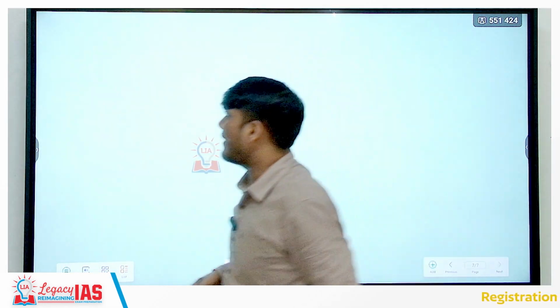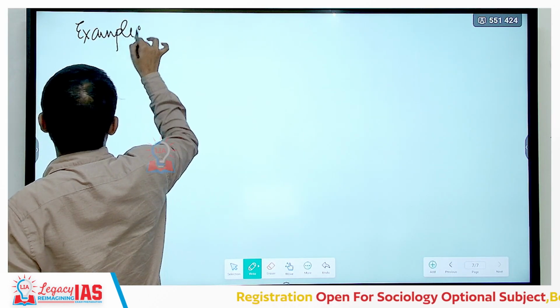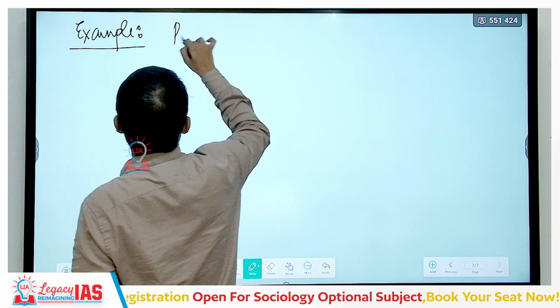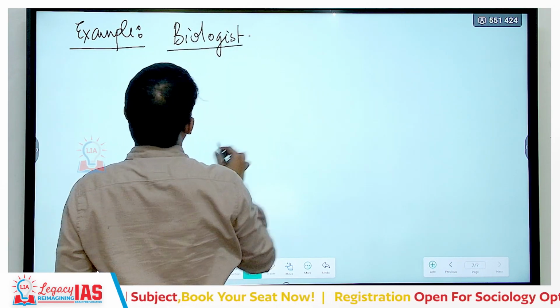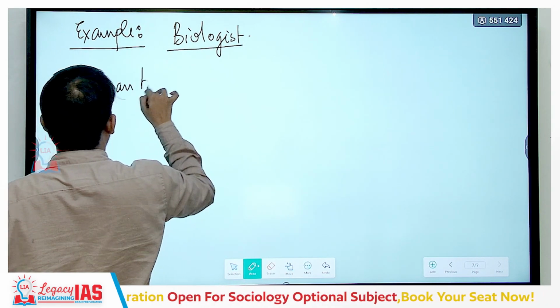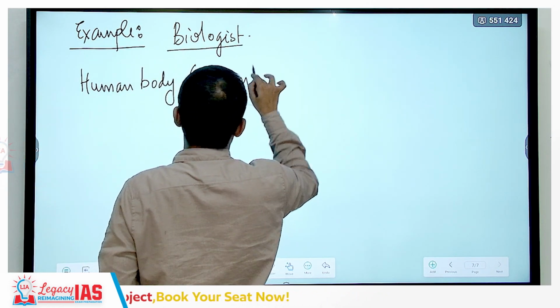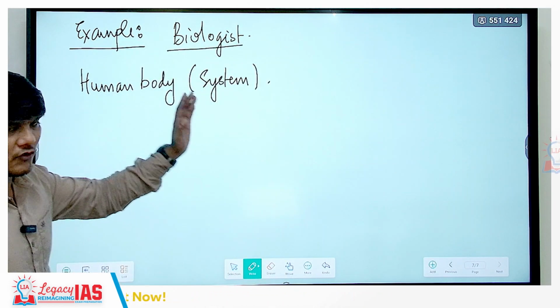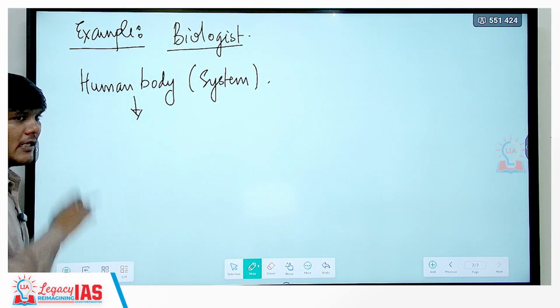In the same manner, if we take an example over here, a biologist would want to study a human body, which is considered to be a system. To study the human body, which is considered to be a system, the biologist would be required to study what?